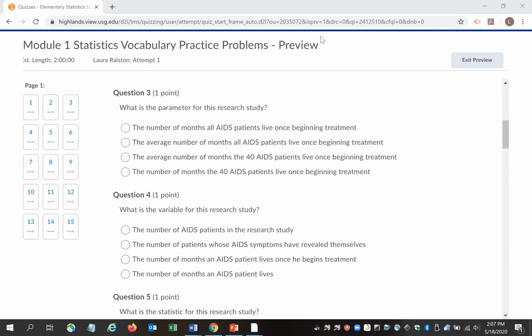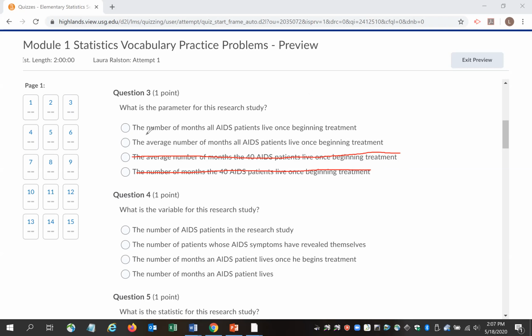So if I'm scanning these choices, I notice that the third choice talks about the 40 AIDS patients, and the fourth one talks about the 40 AIDS patients. That's not the population. I'm looking for parameter, population, so it has to include all.